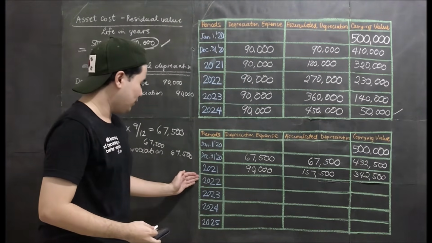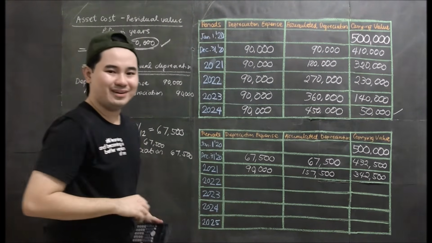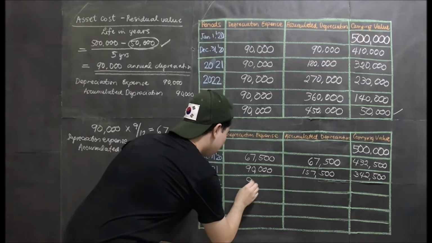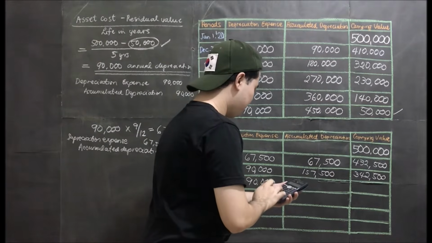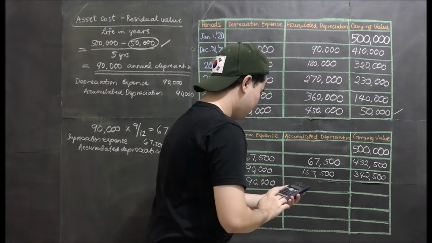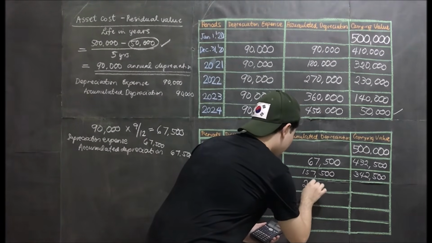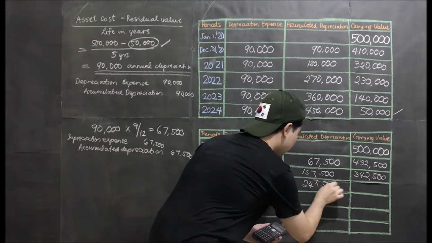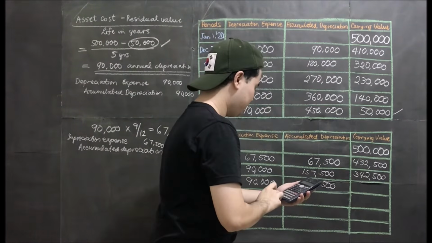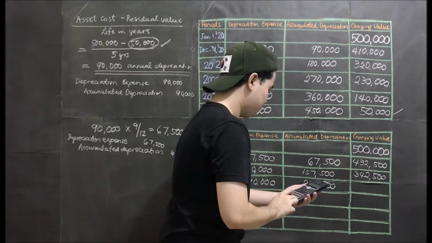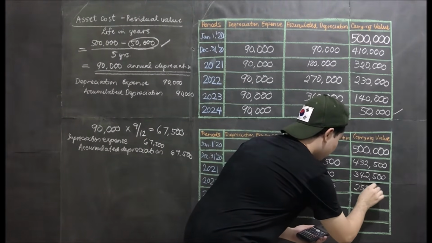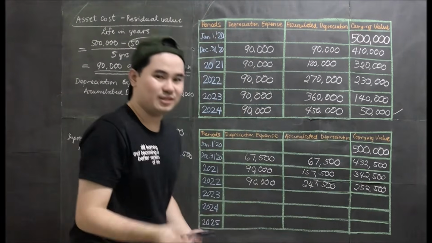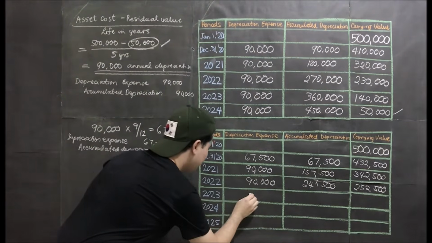Okay? So for 2022, it would still be again 90,000. 90,000 again kasi 1 year only yun.